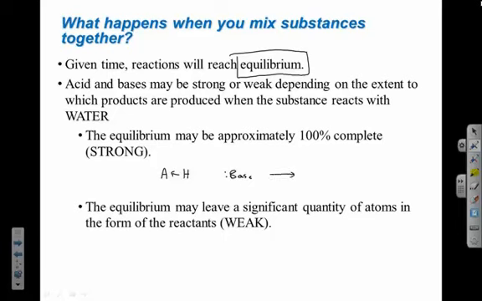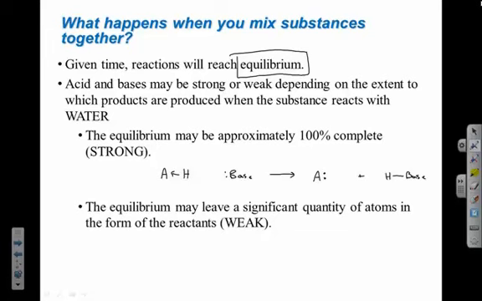If they collide, the base will start to share its electrons with the hydrogen. The old bond will break, and so the acid will keep those electrons it was sharing the hydrogen to itself, and the base will start to share its pair with the hydrogen instead. Right, so that's the forward reaction.